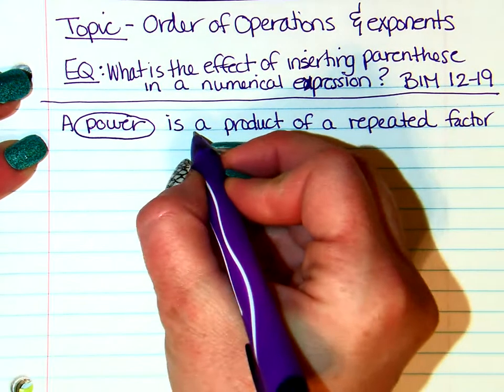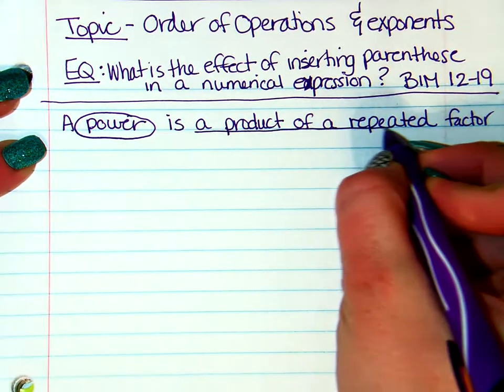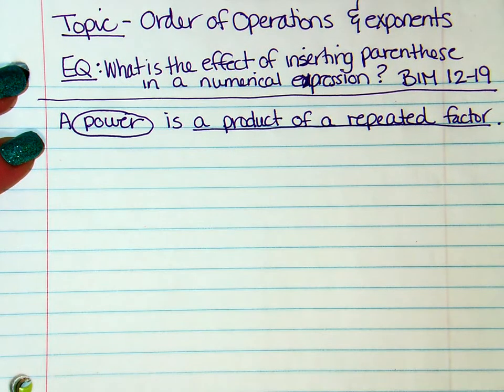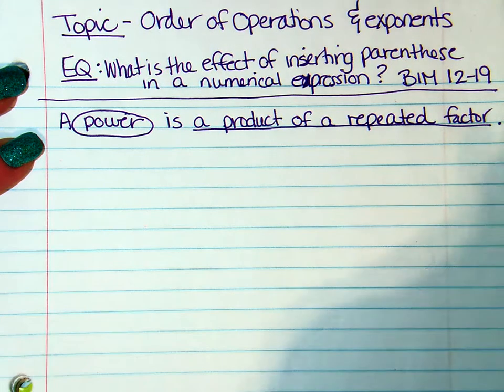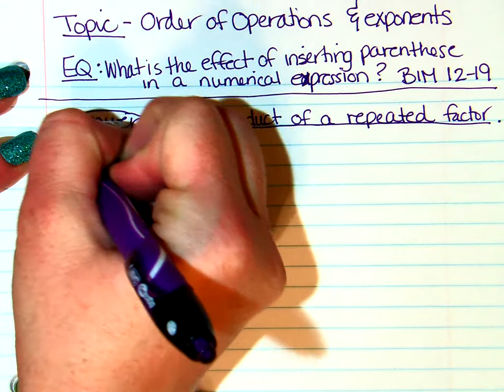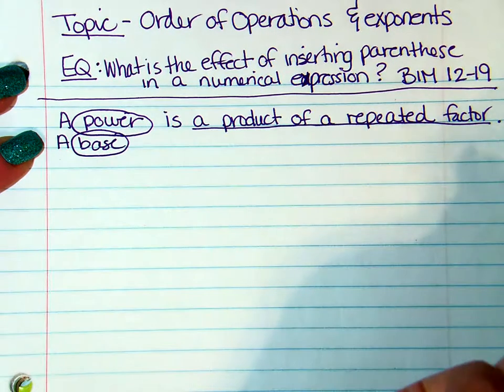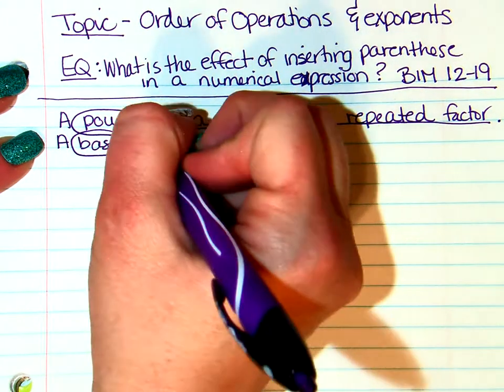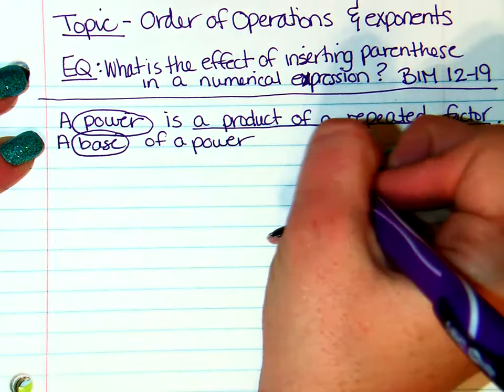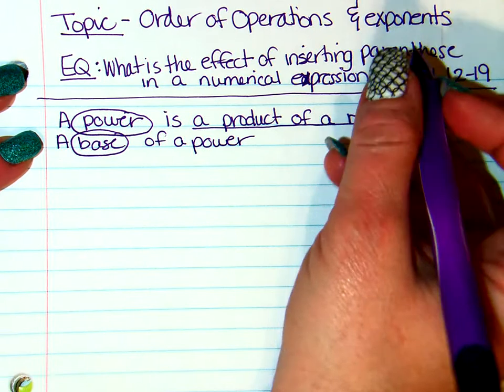So this is the definition of it. Okay. A base of a power is the repeated factor.